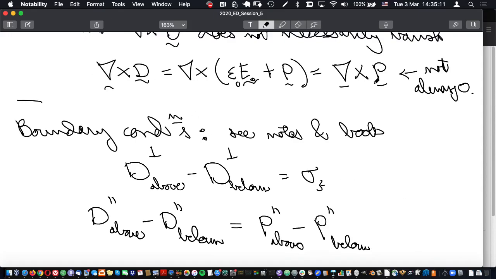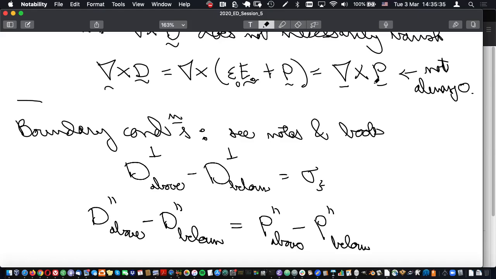So that means that, as usual, the electrical field has no discontinuity as you cross the surface. So the parallel to the surface component of the electrical field has no discontinuity. But it could be that you have a material that suddenly goes from one type of material to the other, and then the polarization might have a discontinuity.